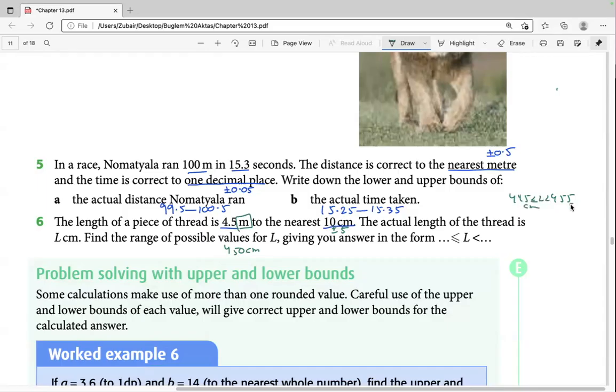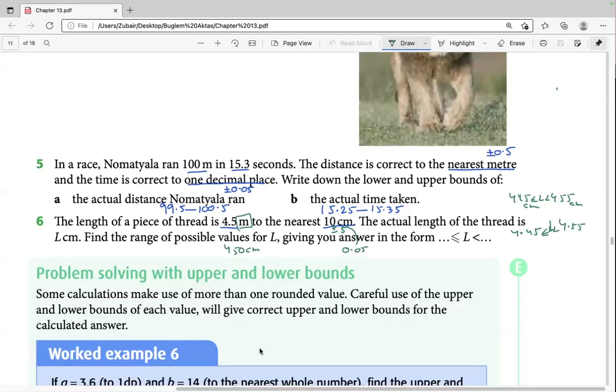This is centimeters and centimeters. In other ways, we could write 10 centimeters as 0.1 meters, and 0.05 accuracy. So this would be 4.55 and 4.45 in the case of meters.